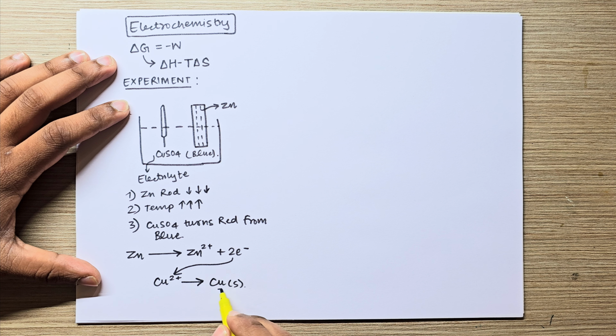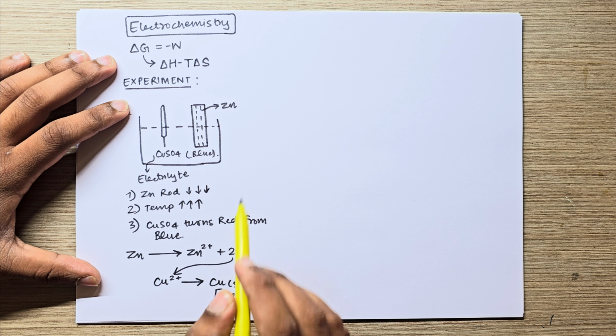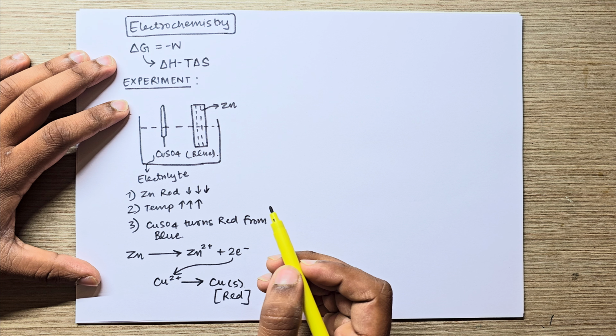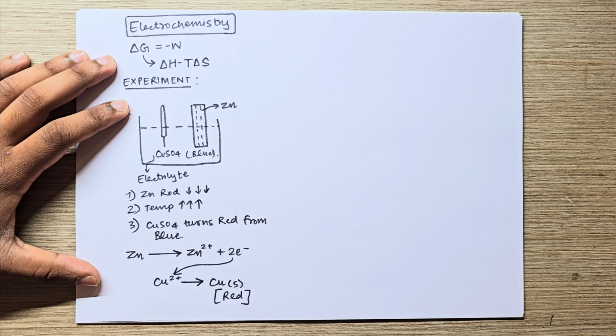This copper seems to be red. Now during this, some work is happening. This work done proves that something is happening inside this solution, and this is known as the beginning of cell formation.